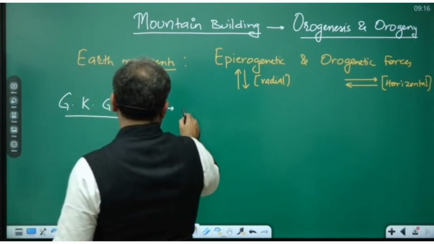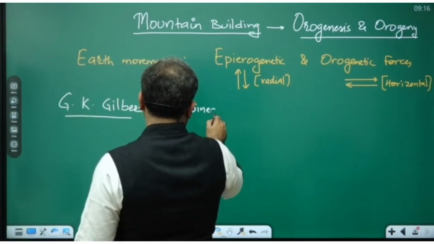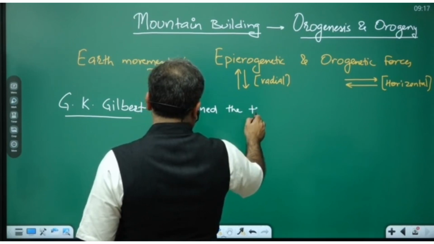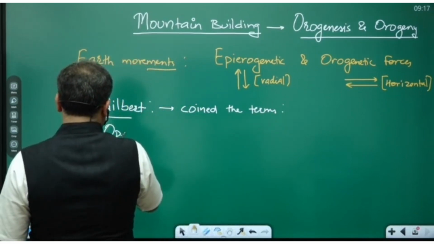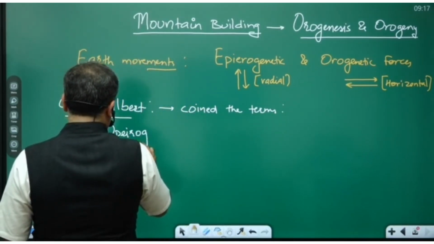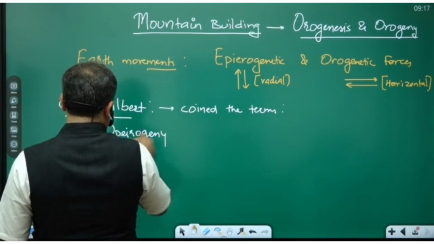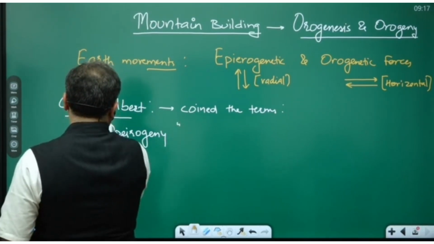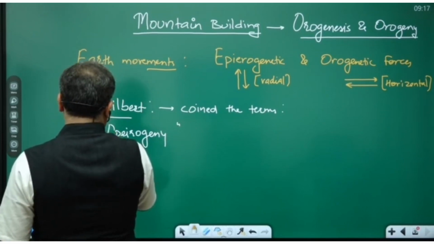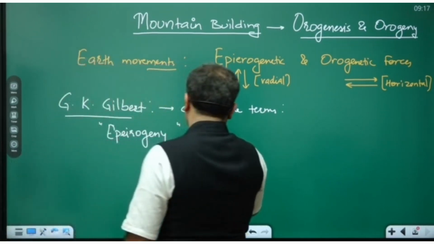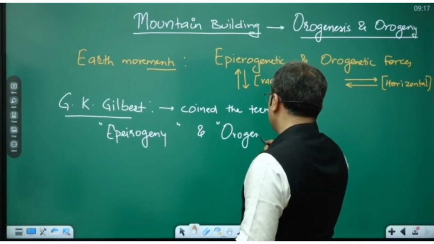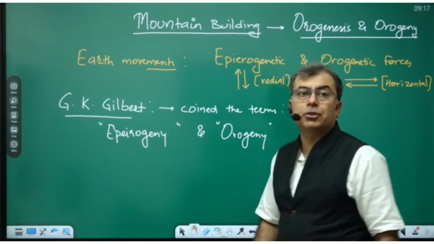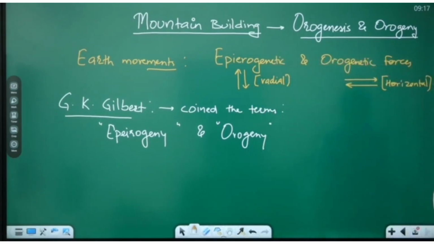He coined the terms epirogeny and orogeny. Both the terms were coined by G.K. Gilbert. Big name in the study of geomorphology, the contribution of geomorphologists. That's what we are talking about.